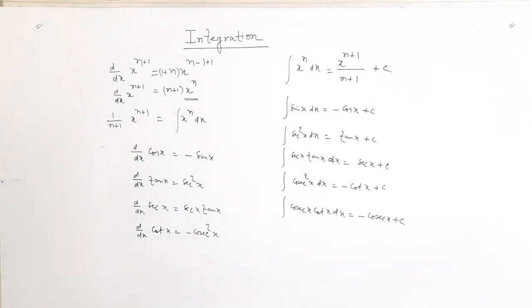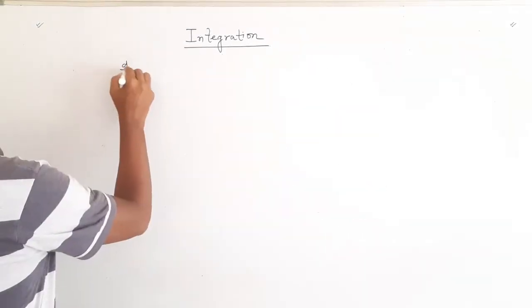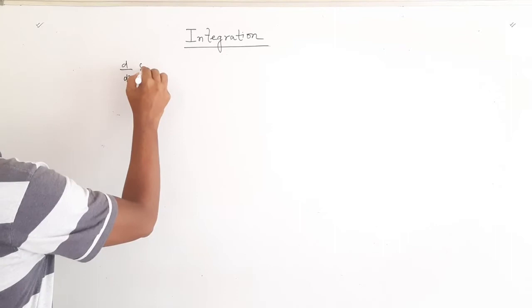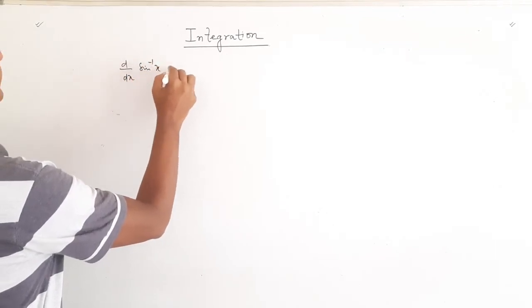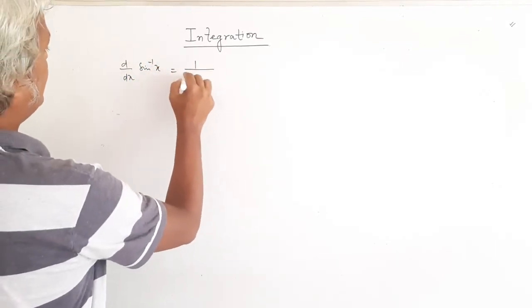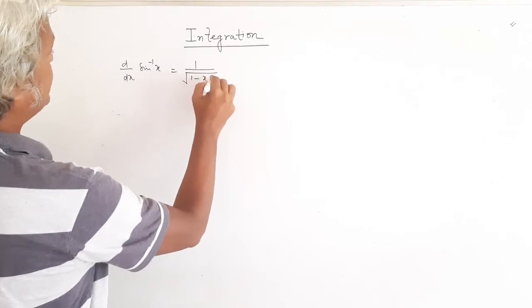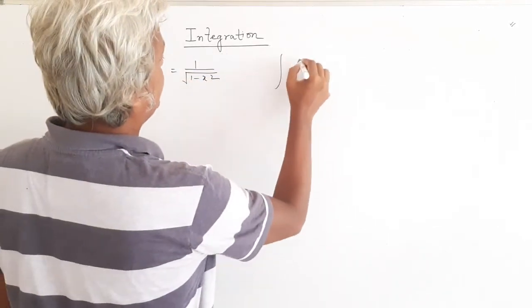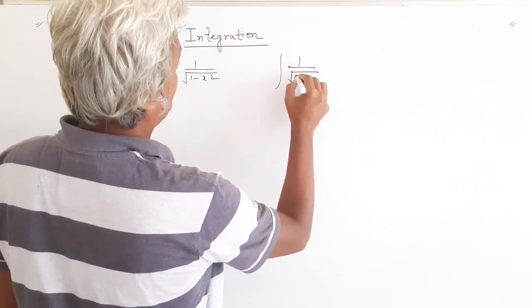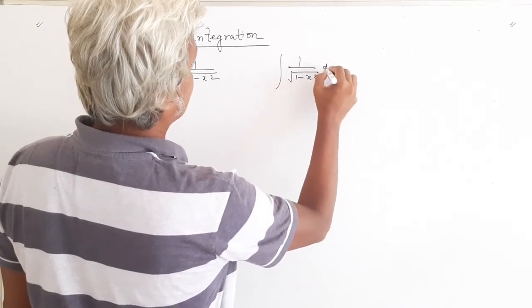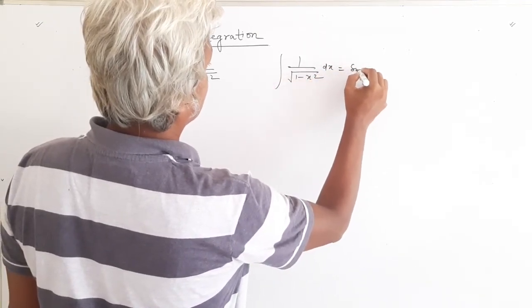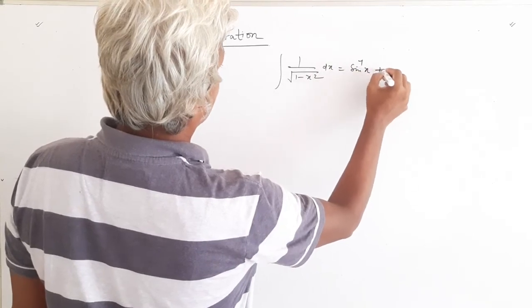Then I'll write some of the formulas of the inverse functions, so again I need to clear the screen. Differentiation of sine inverse x is 1 upon under root 1 minus x square. Then the integration of 1 upon under root 1 minus x square dx is sine inverse x plus c.